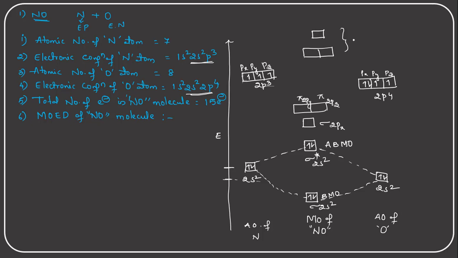So these three are the anti-bonding molecular orbitals, and these three will be bonding molecular orbitals. They are represented with a pi star, formed as a result of 2py orbitals, and pi star 2pz, merging of the 2pz orbitals, and this will be a sigma star, which is the result of the combination of 2px orbitals.